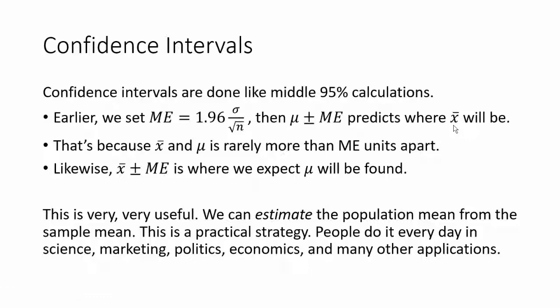Well, you could do this just in reverse. You could start with a single sample mean, x bar, add and subtract ME, and you'd use exactly the same reason. You'd say, well, x bar and mu are not usually more than ME units apart, so x bar plus or minus this margin of error is where we would expect we could find the mean of the whole population. And now that is a very, very useful thing to do. And here's why.